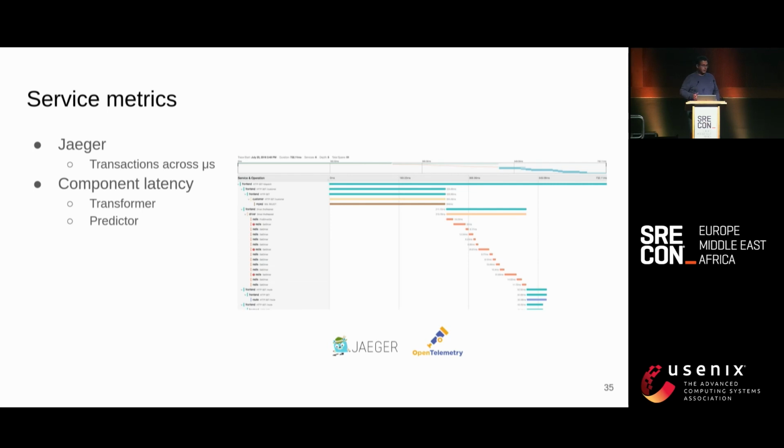People like to use transaction monitoring to be able to see the latency across different components in the application and be able to track and troubleshoot: is my transformer slow or is my predictor slow? Because when the model is increasing, the matrix multiplication might be more expensive than the transformer, but there are cases where the transformer is more expensive than the predictor, like loading a full language model tokenizer that is in the size of gigabytes.